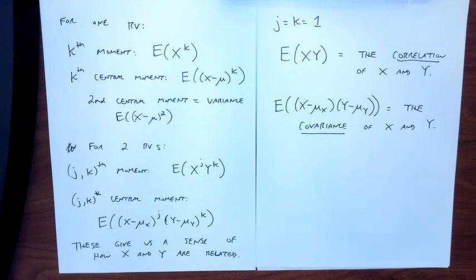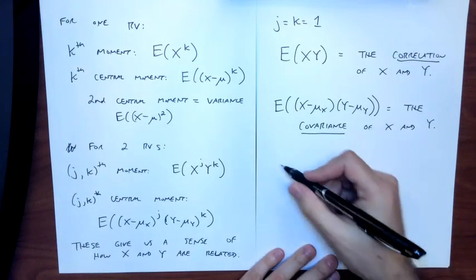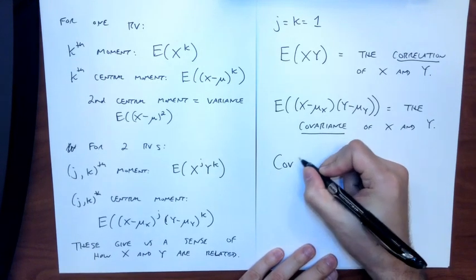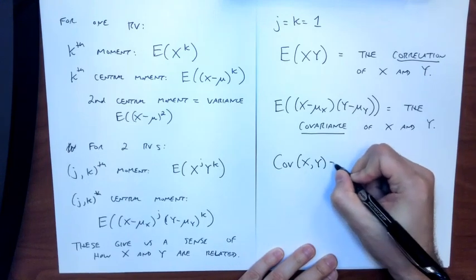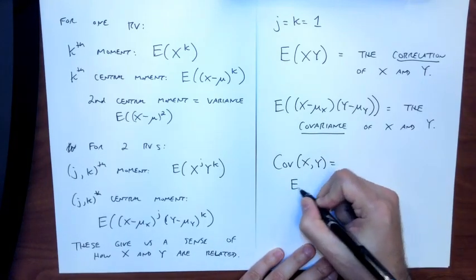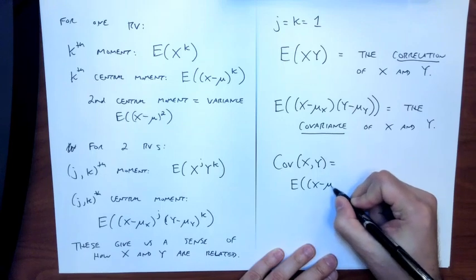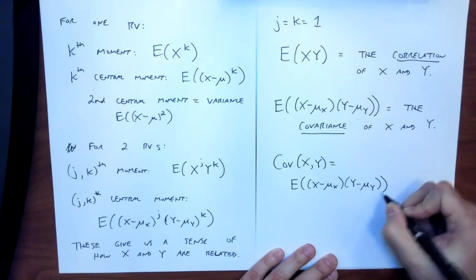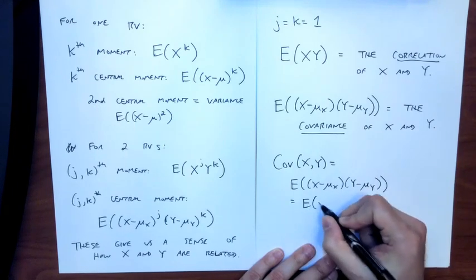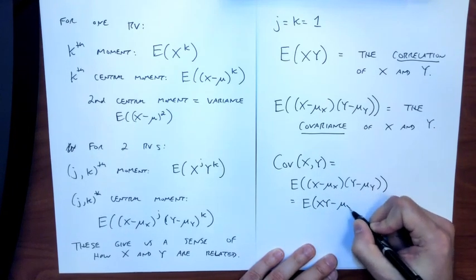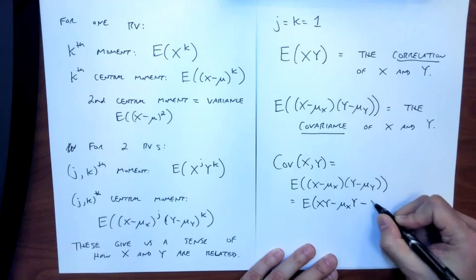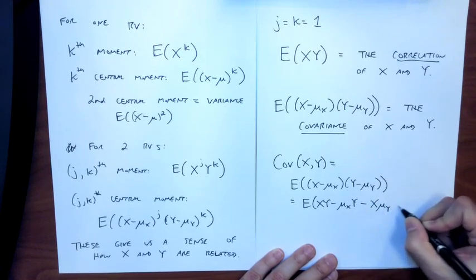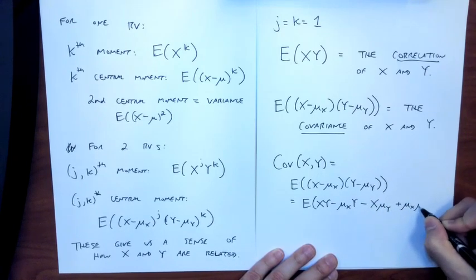Okay, so let's take a look at the covariance for a second. Often we'll call this cov xy, right? And one thing to note is that if I work this out, just by definition, this is like saying I have xy minus mu x times y minus x mu y plus mu x times mu y.